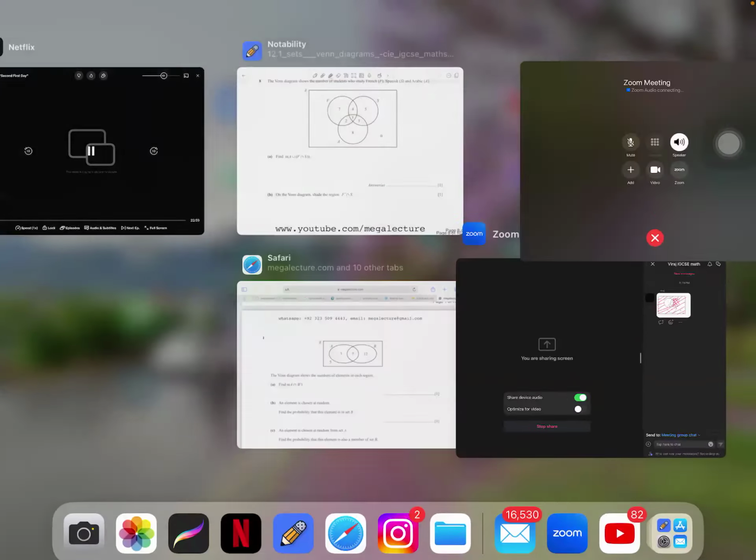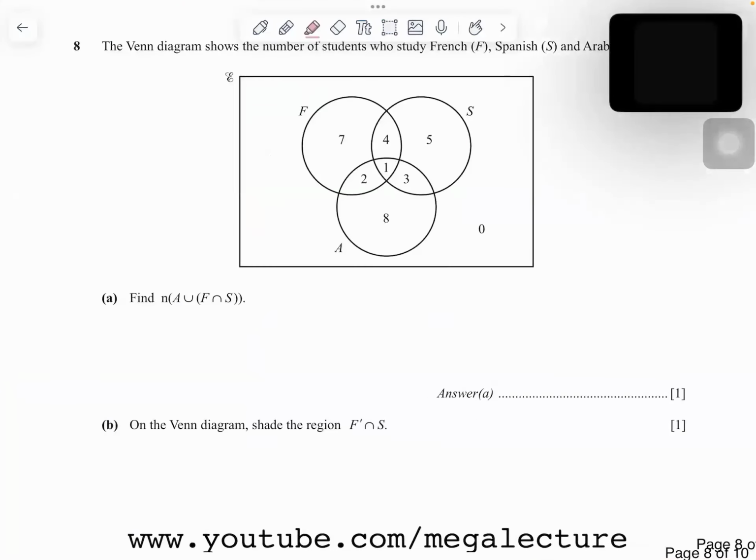Okay. So this says F complement and its common part with S. So you have shaded F complement union S. So for F complement, we shade all of this, right? And then its intersection with S is just this. Yeah, that's what I did.